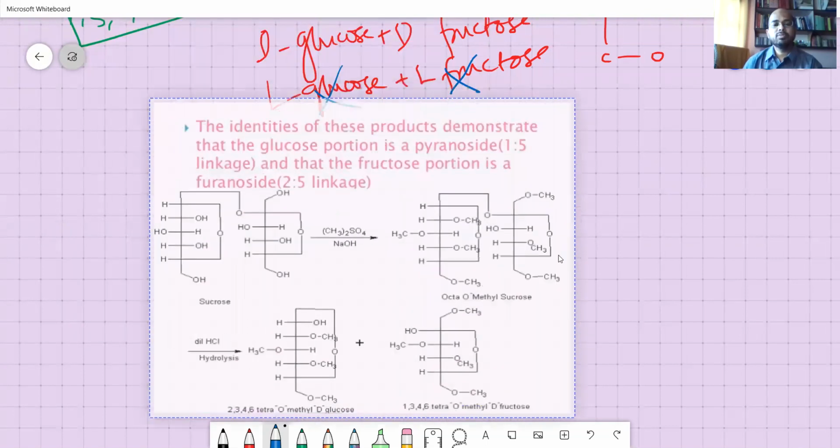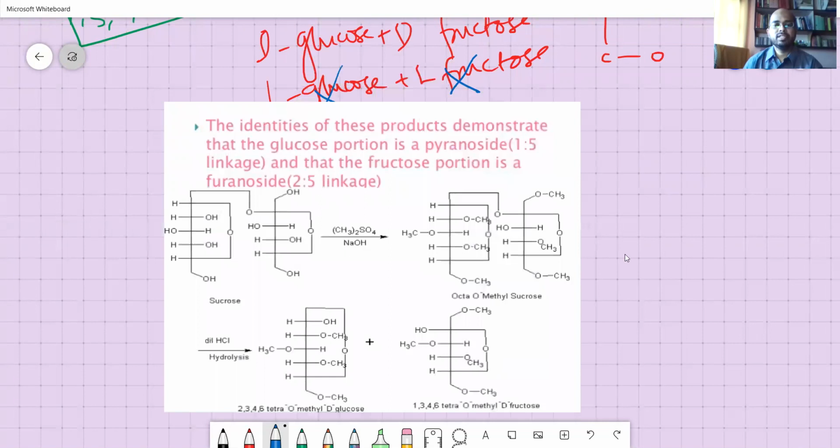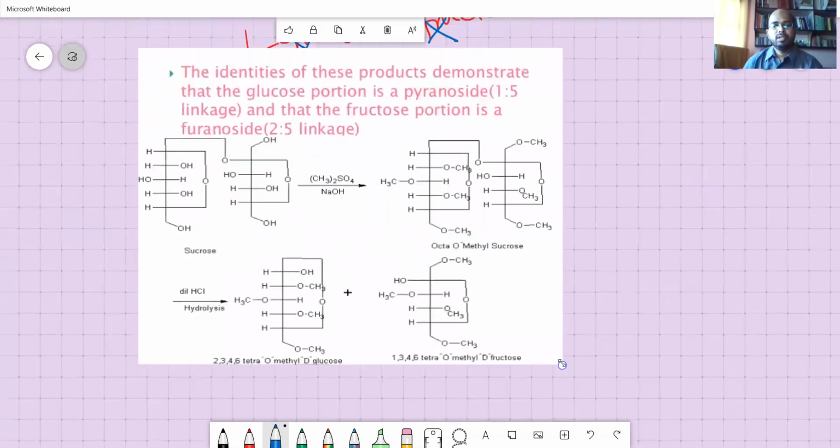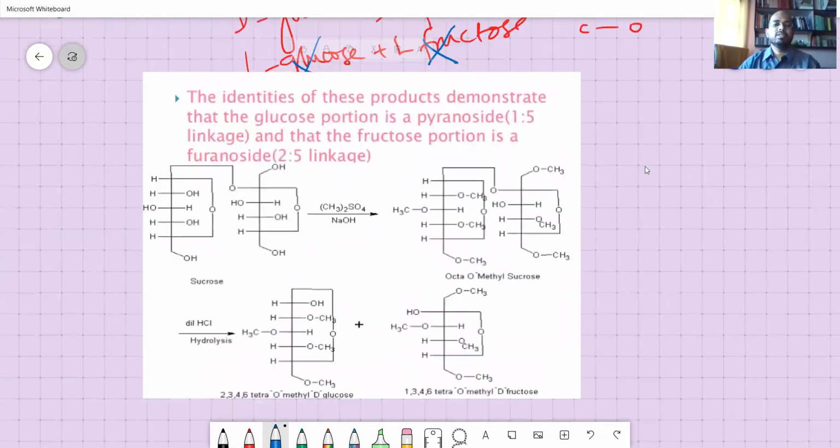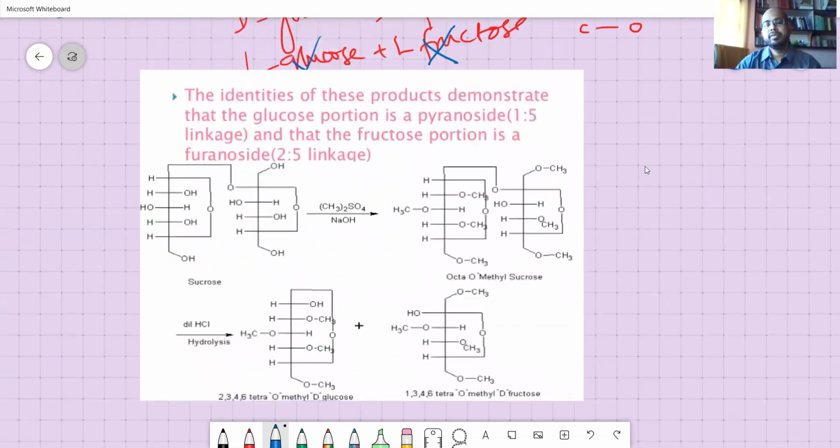The identities of these products demonstrate that the glucose portion is a pyranose. Pyranose, furanose, two forms I have shown. Pyranose means it is from pyran, a 6-membered ring. Furanose is a 5-membered ring. So pyranoside means a linkage connected with pyran, the 1,5 linkage, and the fructose portion is a furanoside.